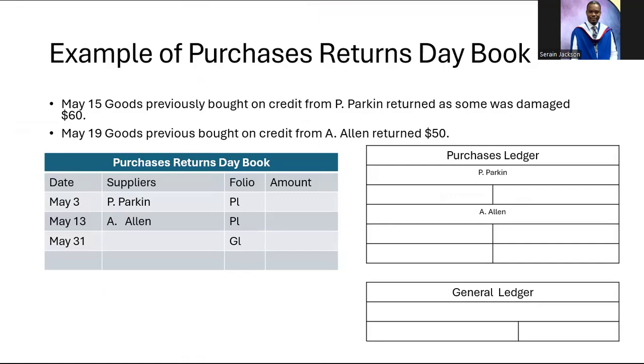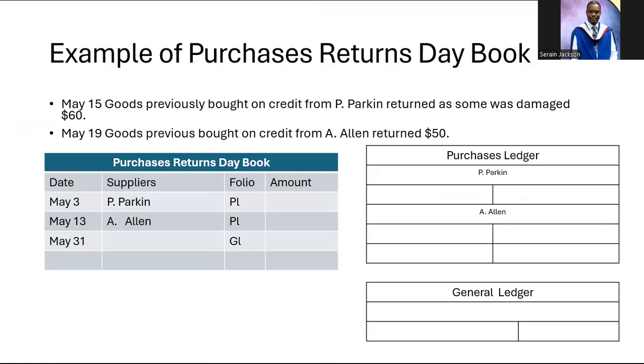So looking at this example now, this is an example of a purchases returns journal or the returns outwards daybook. It says May 15, goods previously bought on credit from P Parking returned as some was damaged, $60.